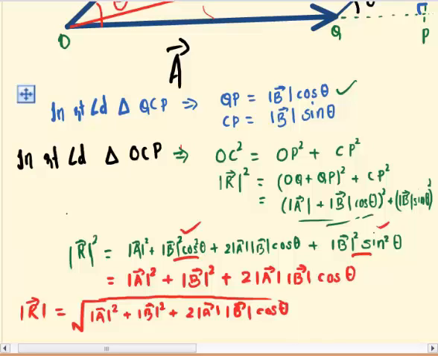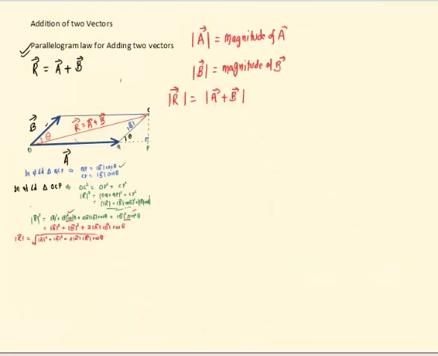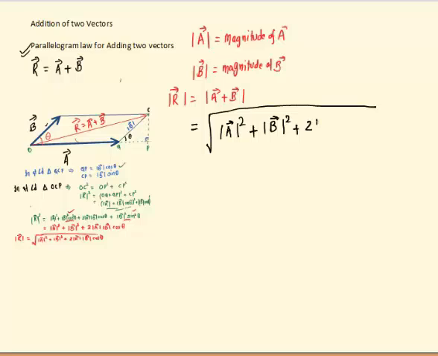So let's summarize this formula: the R vector or modulus of A plus B is nothing but under root of modulus of A square plus modulus of B square plus 2 into modulus of A, modulus of B, and cosine of the angle between them.